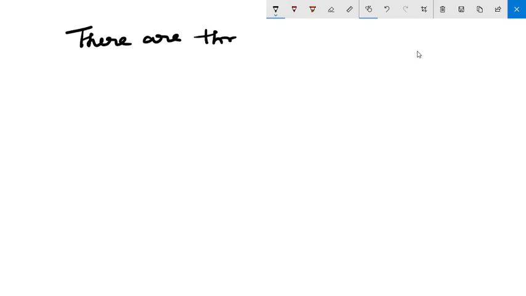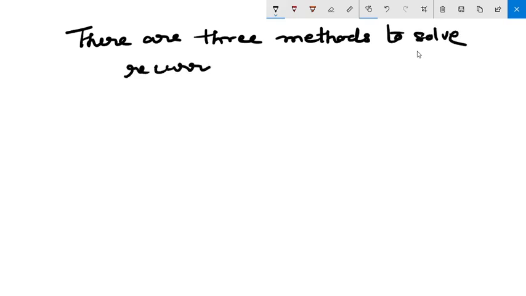There are three methods to solve a recurrence.